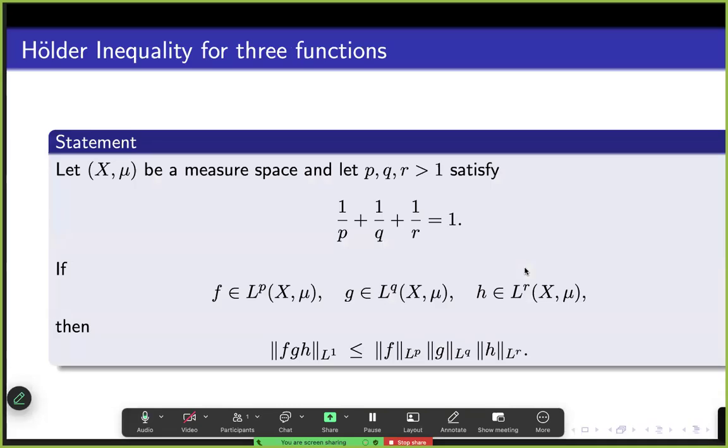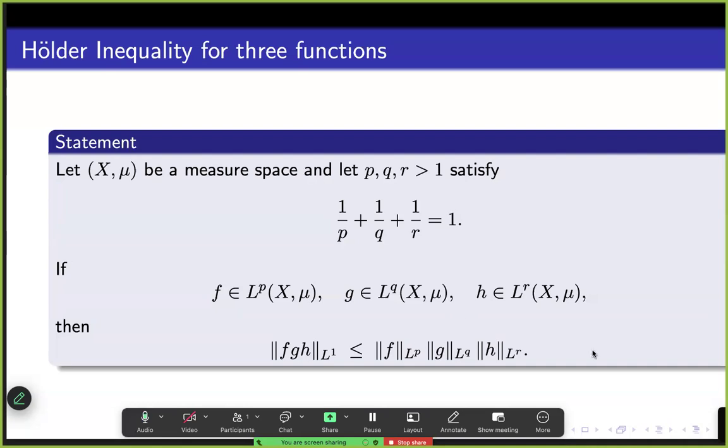The statement is: if we have (X, μ) as a measure space and p, q, r are numbers greater than 1 that satisfy the equality 1/p + 1/q + 1/r = 1, and if f belongs to L^p, g belongs to L^q, and h belongs to L^r, then we have this inequality.